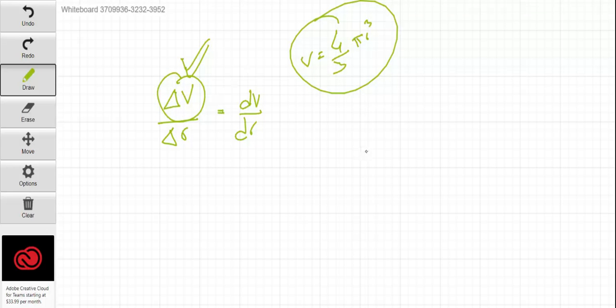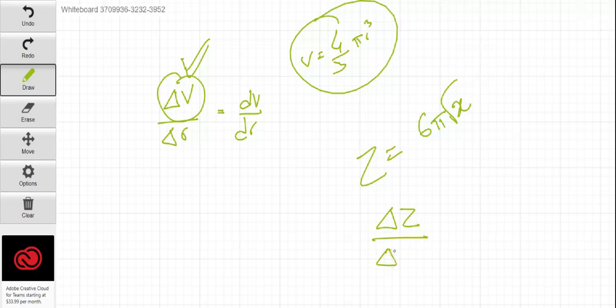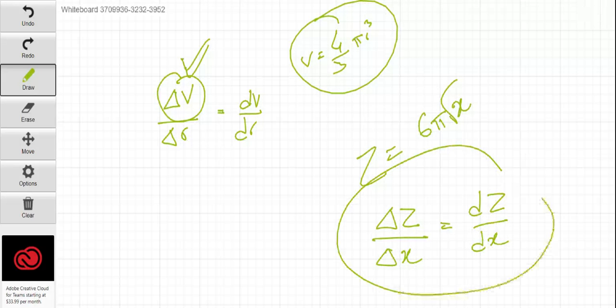Sometimes they'll give you some equation, okay? So for example, if they say z is equal to 6 pi, I don't know, x 6 by root x, okay? Then obviously the formula you have to draw is, look, there is going to be a change in z due to a change in x, and obviously I can figure this out using dz by dx, okay?